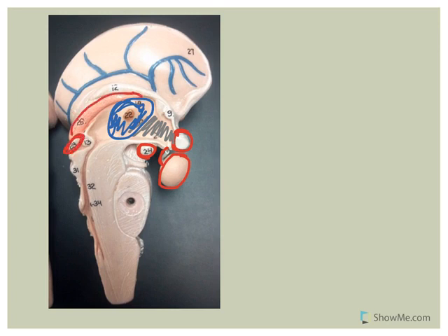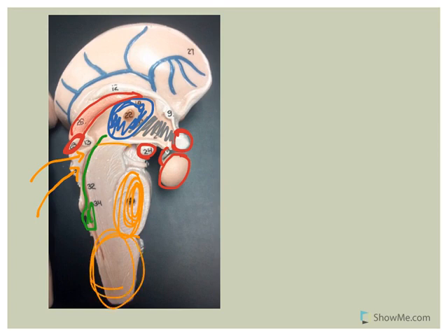Here's a choroid plexus of your third ventricle. Cerebral aqueduct, fourth ventricle here. Superior colliculus, inferior colliculus. You've got pons, medulla oblongata, and again, collectively, all this part here is part of the brainstem.